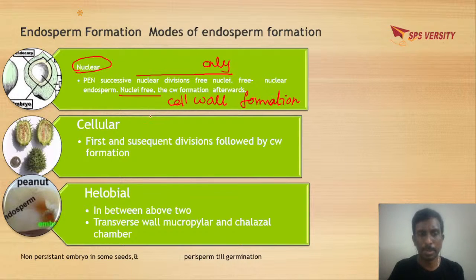But in some other plants, it is a little bit quite different. As and when nuclei are formed, immediately cell wall is formed, which means we can see the cells immediately. That is called cellular endosperm.